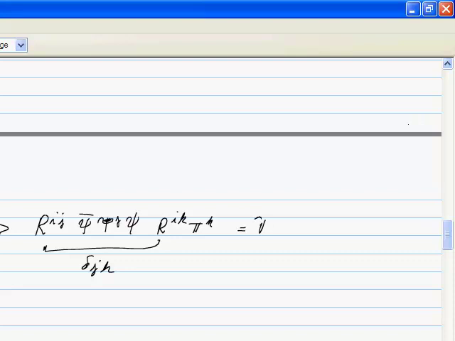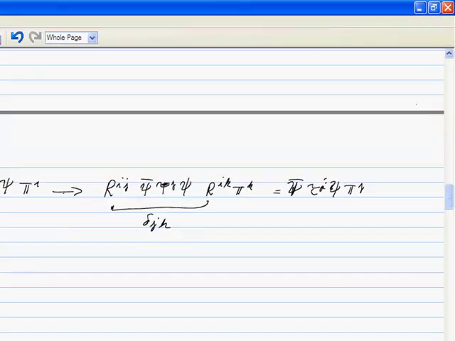So this is then psi bar tau_j psi pi_j. And so all you have to do really is just write invariants with psi's, taus, and pi's.